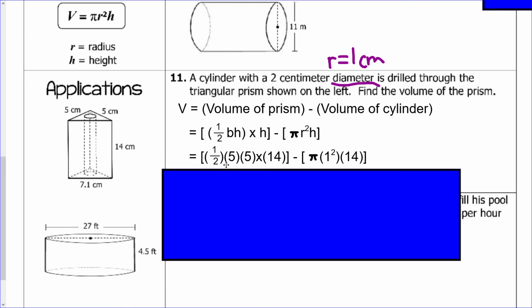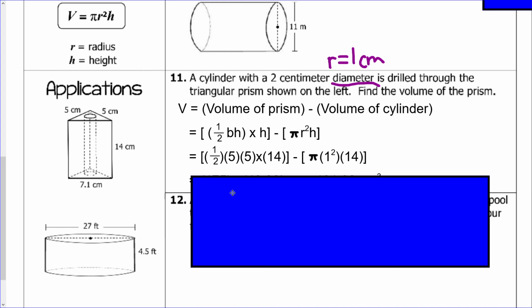All right, so 1/2 times the base of 5 centimeters times the height of 5 centimeters, that's the height of that little triangle right there, times 14, which is the distance between the triangles, and then we're subtracting the volume of that cylinder. Okay, so pi times 1 squared, remember 1 is the radius, times 14, which is the height of the cylinder.